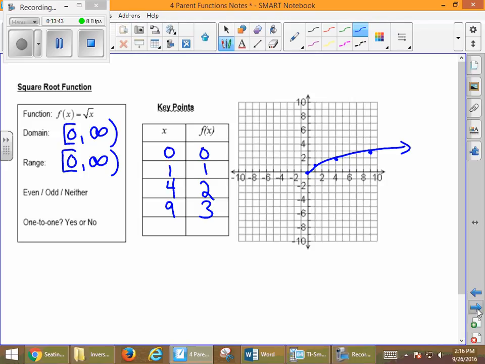No. Is it symmetric with respect to the origin? No. This graph is neither. But is it 1 to 1? It is 1 to 1. And you can type that in and look at that on your calculator if you prefer.